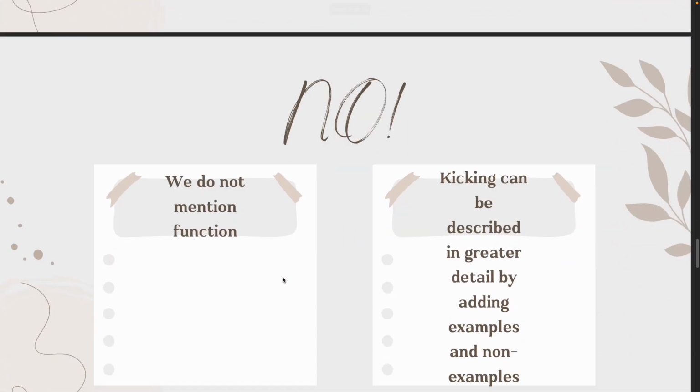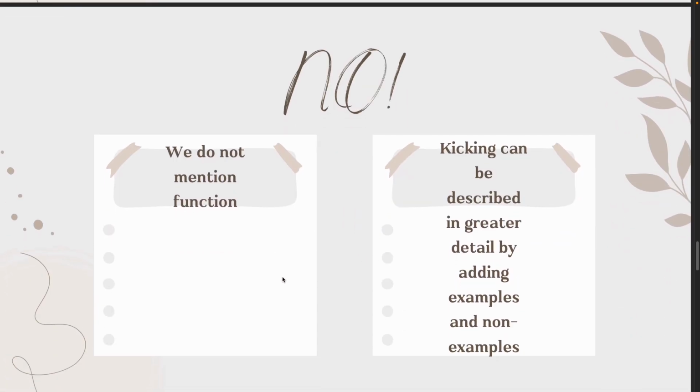We do not mention function, and kicking can be described in greater detail by adding examples and non-examples. Let alone, we can also describe kicking a lot better, especially if this learner, let's say, always uses the right foot or both, right? You can be very, very concise on what that looks like for each person.